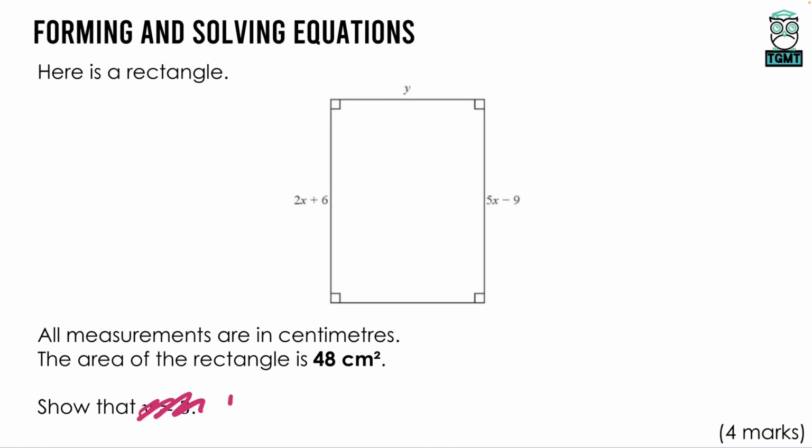We want to find y. And if y equals 3, we'll have shown it. But we don't want to use y equals 3 as a way of showing, for example, the area is 48. So I'll come back to this show that part, but let's imagine the question says find y.